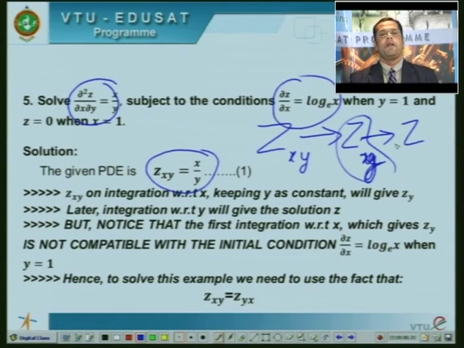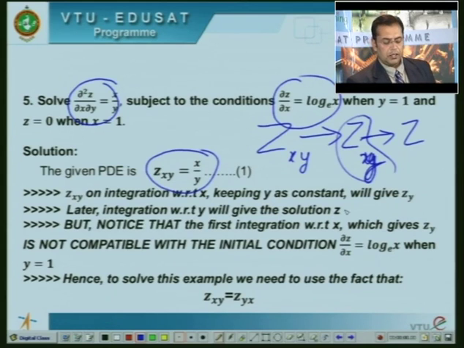That means to say, you cannot apply the derivative condition dou z by dou x to the partial derivative dou z by dou y. So, that is written here, zxy on integration with respect to x keeping y as constant will give zy. Later, integration with respect to y will give the solution z.